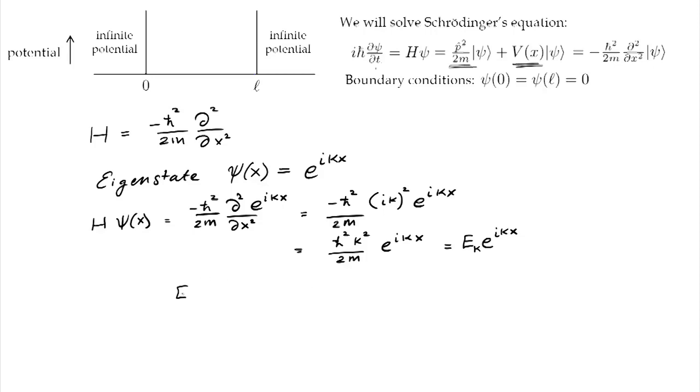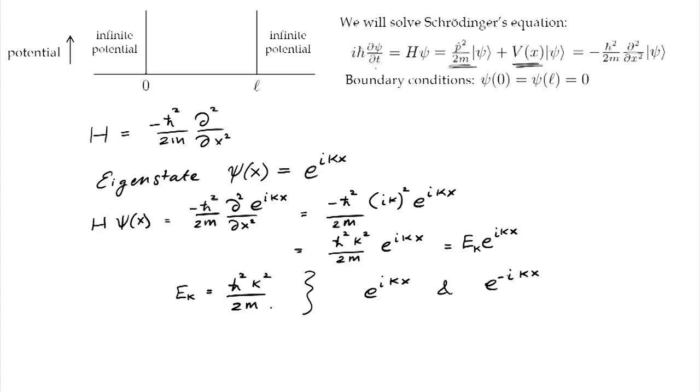This tells us that E sub k is h bar squared k squared over 2m. Now this immediately tells us that these eigenstates come in pairs: e to the i kx and e to the minus i kx have the same energy.